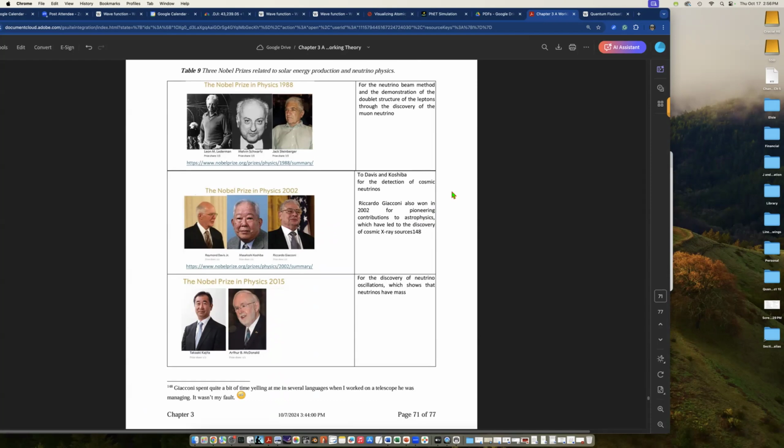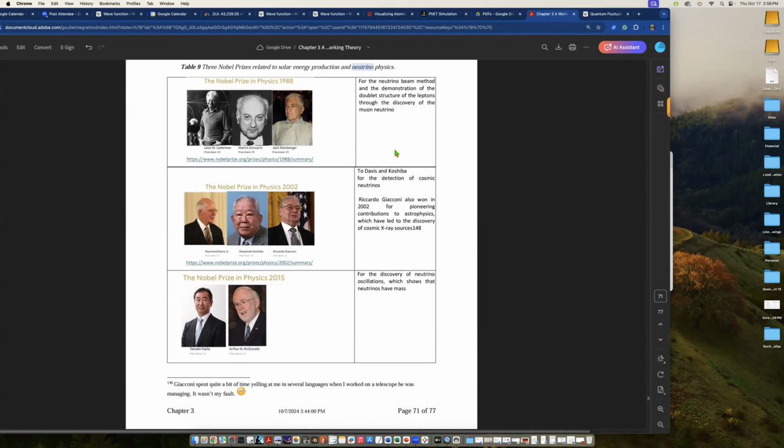Right now, for each of us, billions of neutrinos are passing through every square centimeter of our body every second. And these are coming from solar neutrinos. And so these three Nobel Prizes were awarded for experiment and theory to explain how the sun produces energy and neutrinos associated with that process.